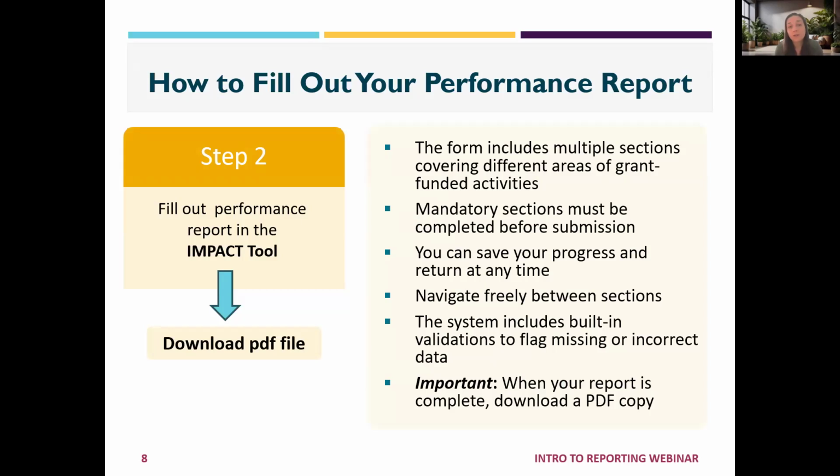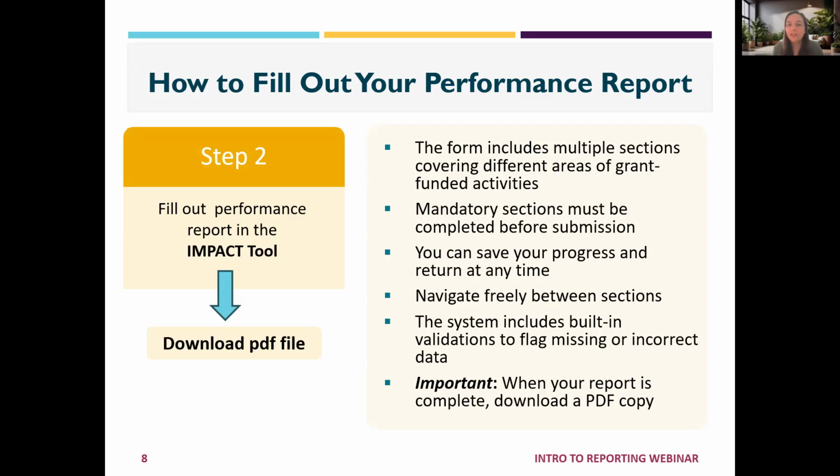The system does include built-in validations, so while you're working on the form, if you complete a page or a section successfully, there will be a green checkbox, and if there's a validation issue, the navigation bar on the left will just show a yellow exclamation point, and you'll get some red pop-up text. I'll show you an example of this in a moment.